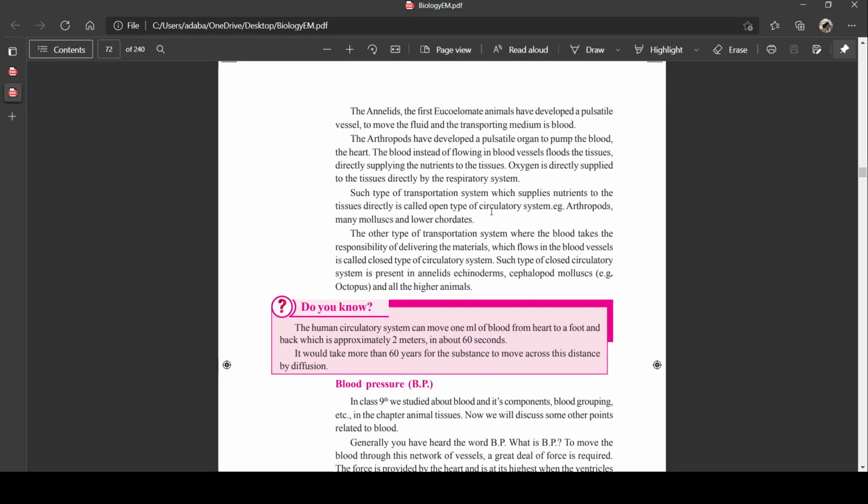Blood cavities are present instead of blood vessels, and blood flows through the cavities and carries the nutrients to tissues directly. In the other type, the blood takes the responsibility of delivering the materials, flowing through blood vessels, called closed type of circulatory system.